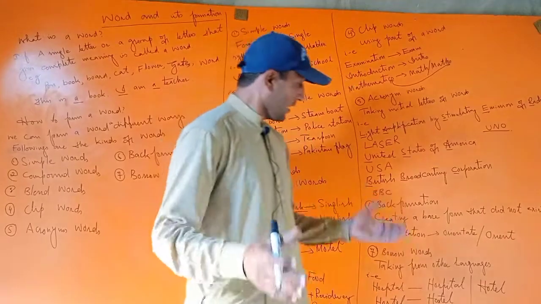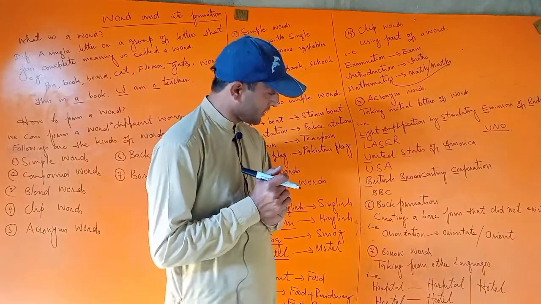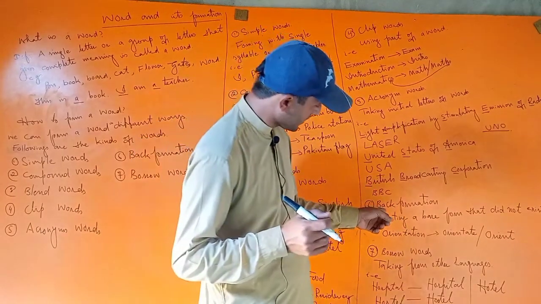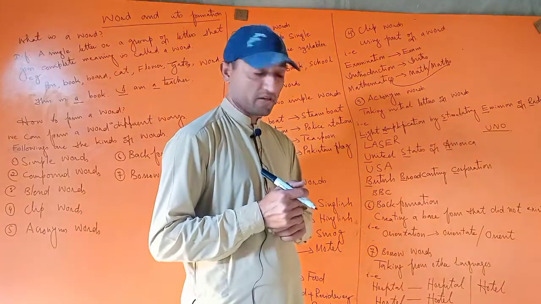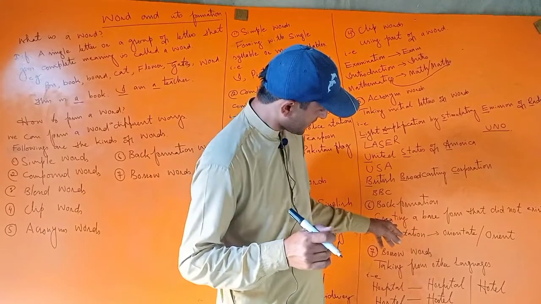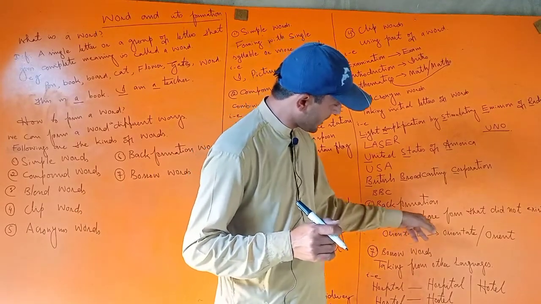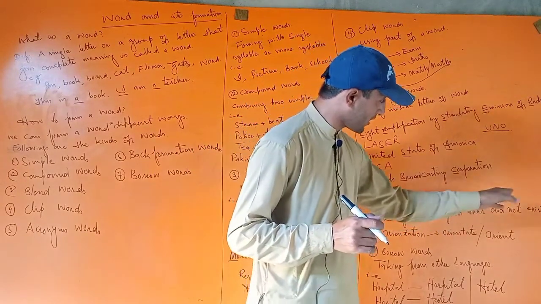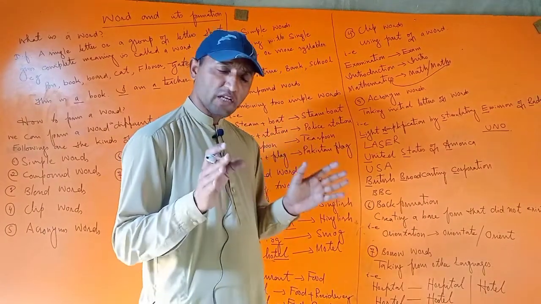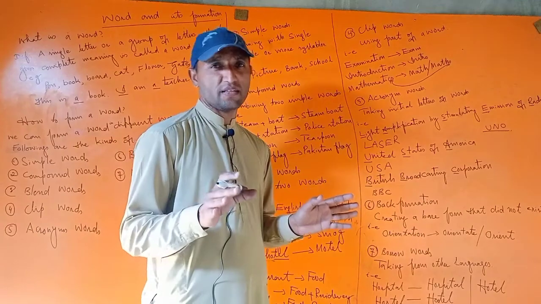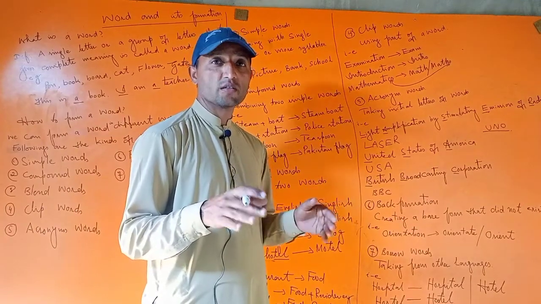Now come to the next point: back formation. Back formation in English is very important because it creates a base form that did not exist. It means we can form a form of a word that is not actually present in the dictionary or elsewhere.